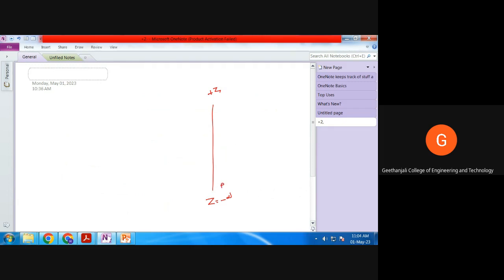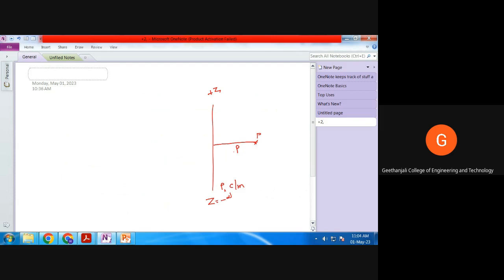Let rho L be the density, rho L coulombs per meter. At a given point P, what is the expression for the electric field intensity? Assume that the perpendicular distance from point P onto the line charge is rho meters.